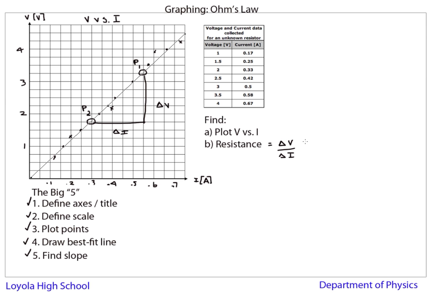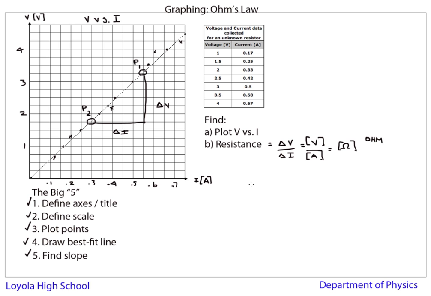Unit-wise, that's a volt over an amp. And the shortcut unit for volt over amp, that's an ohm, not a delta, spelled O-H-M.